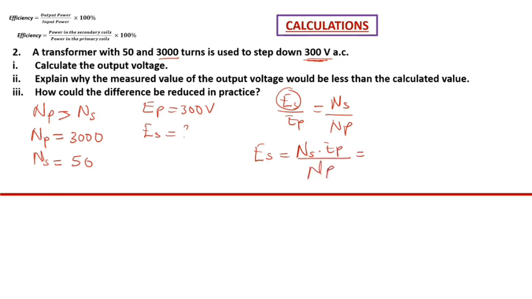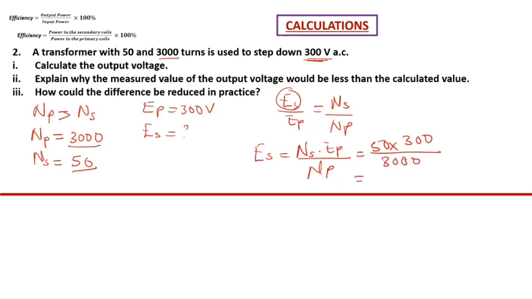So that will be equal to NS is 50. So we're going to have 50 times EP, the primary voltage, which is 300, divided by NP, number of turns, which is 3000.